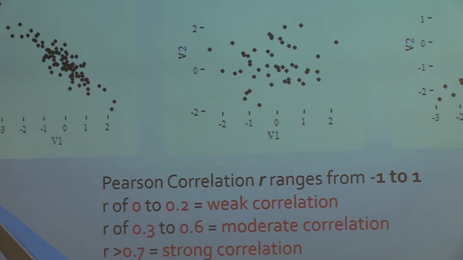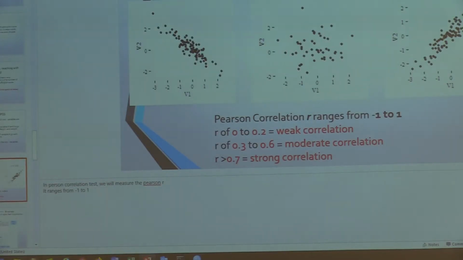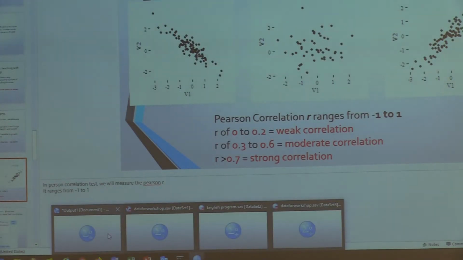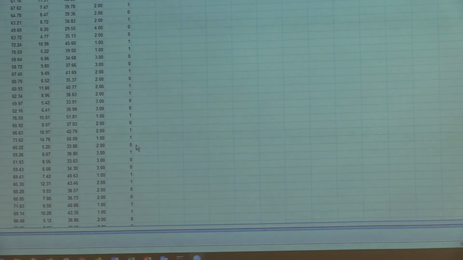All right. So let's calculate. Okay, so let's go back. Now remember, we're going to test the correlation between 3 variables. Okay, so which 3 variables? Just remember. SE marks, right? And what else?